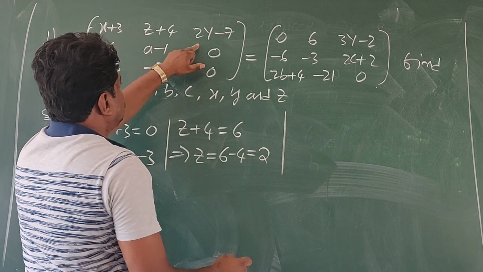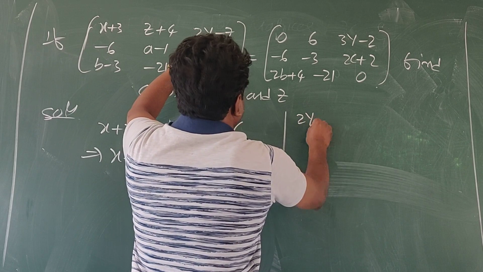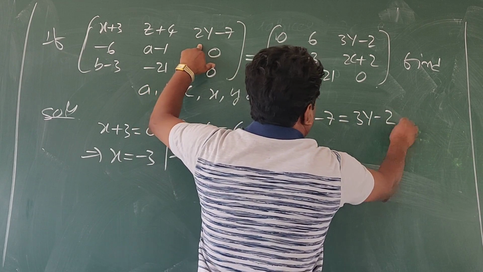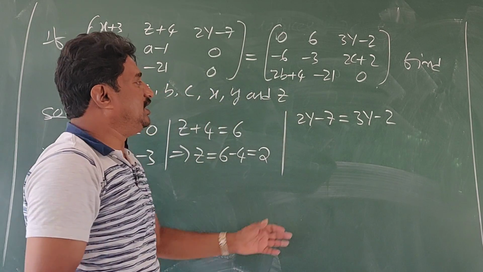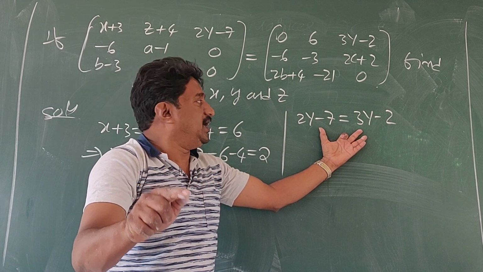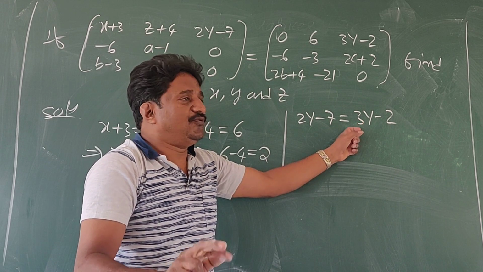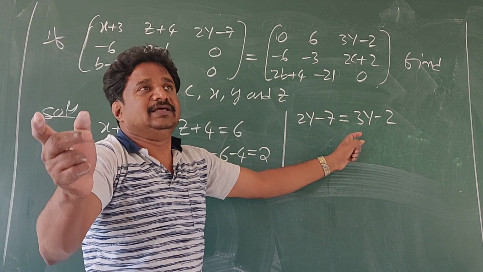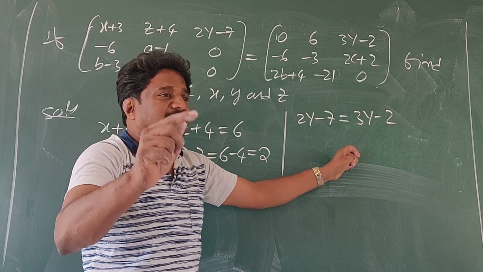Next, 2y minus 7 is equal to 3y minus 2. From this equation, we need to calculate the y value. For that, you bring the y terms to one side and the other terms to the other side.